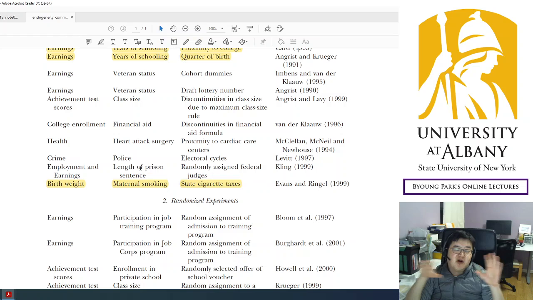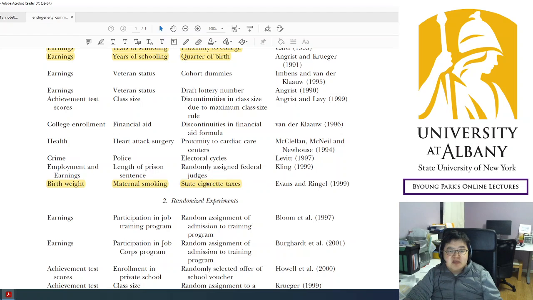Those kinds of unobserved characteristics are correlated with the decision to smoke during pregnancy. So we need to find an instrument that is related to the smoking decision, but has nothing to do with birth weight or the mother's attention to the baby, or the mother's care about the health and well-being of the baby.